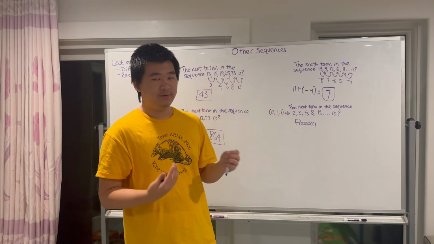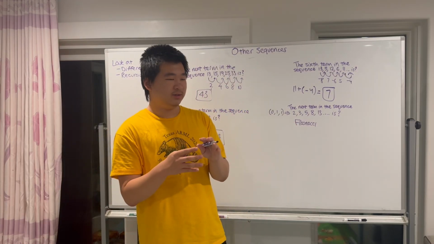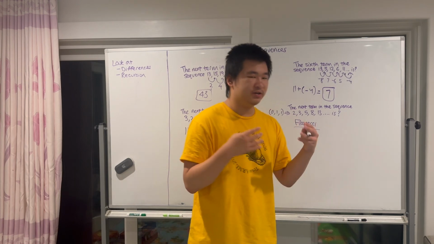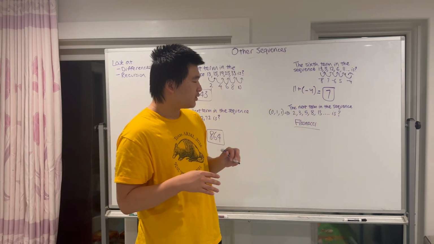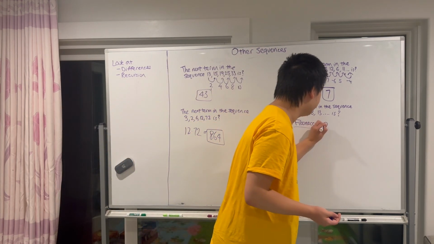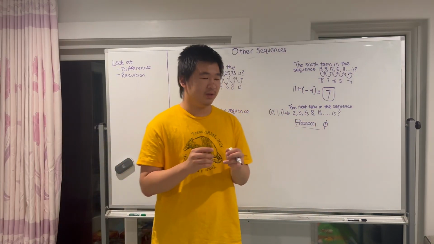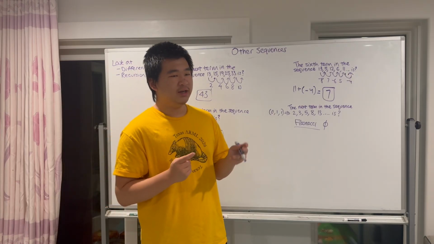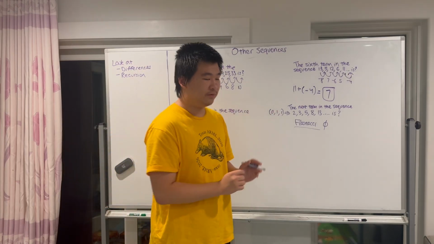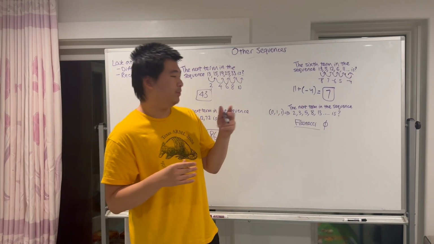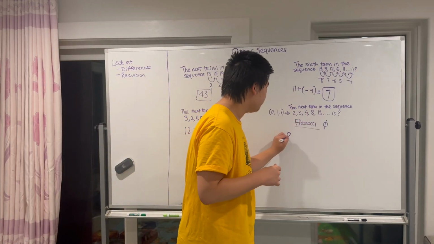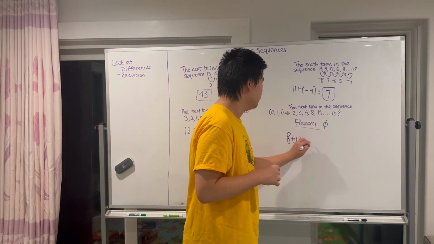So that's the pattern with the Fibonacci sequence. And that is basically what the Fibonacci sequence is famous for. It's also famous for something called the golden ratio, phi, but that is something you can choose to read up on later if you would like to. But the important thing is each term is the sum of the previous two. So the next term is going to be the sum of 8 and 13, which is 21.